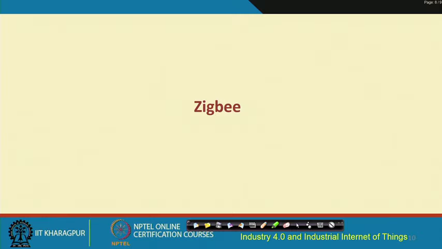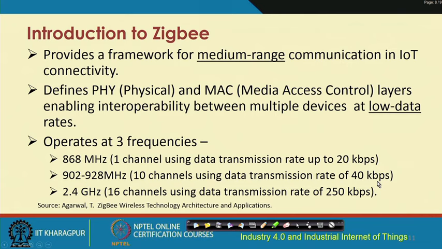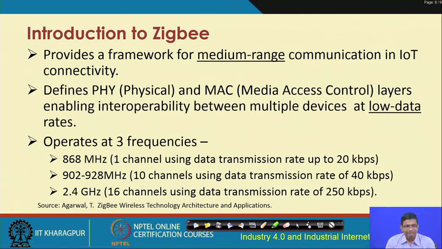Now, there are different protocols like the Zigbee protocol, which is primarily based on 802.15.4. The Zigbee protocol provides a framework for medium range communication to offer IoT connectivity.